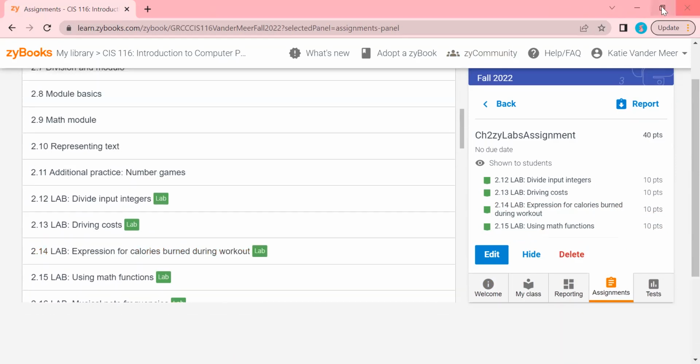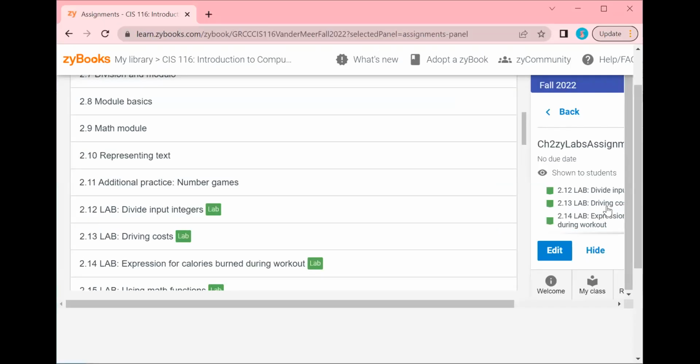Okay. Those are the 4 that are actually on the assignment for chapter 2. Where did my screen go that I'm sharing? Hold on a second. There we go.